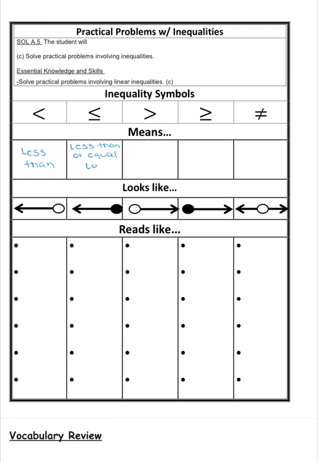Then we have greater than. Greater than or equal to. And then we have not equal.